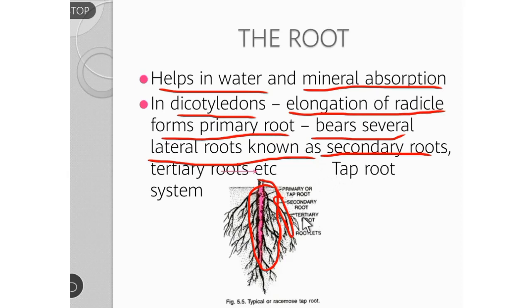The secondary root also bears several other branchings. In this portion you can see branches on the secondary root. These are known as tertiary roots. This system in which there is a primary root which bears several other lateral roots is known as a taproot system. This taproot system is generally seen in dicotyledonous plants.